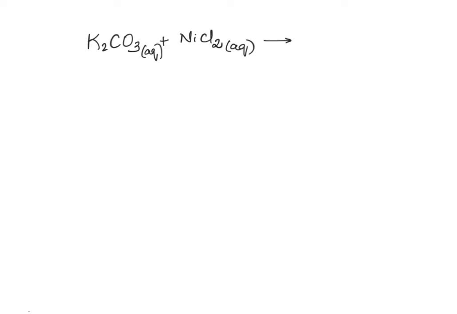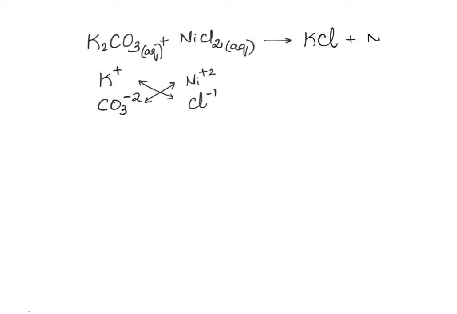We immediately think about what happens when potassium ion and carbonate ion come in contact with nickel plus 2 ion and chloride ion. So switch ions. There is an attraction between positive and negative. So what are the possible products? Potassium chloride and nickel carbonate.